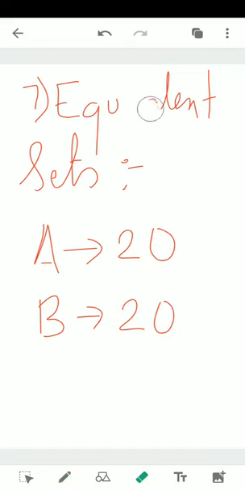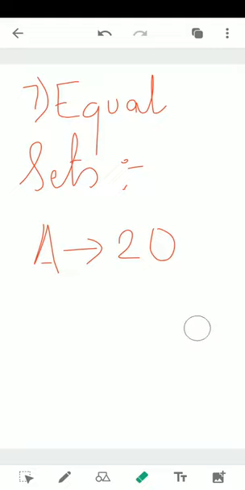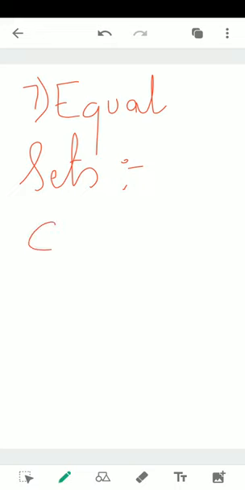Another one, almost similar to equivalent, is called equal sets. Equal sets is a bit different. If I say the set of students in class 8C, let us consider 8C, there will be a set of students in class 8C. Let it be 21 students in class 8C.